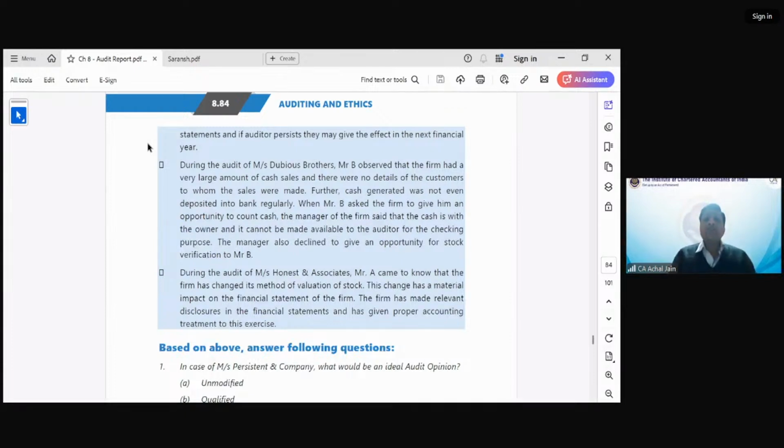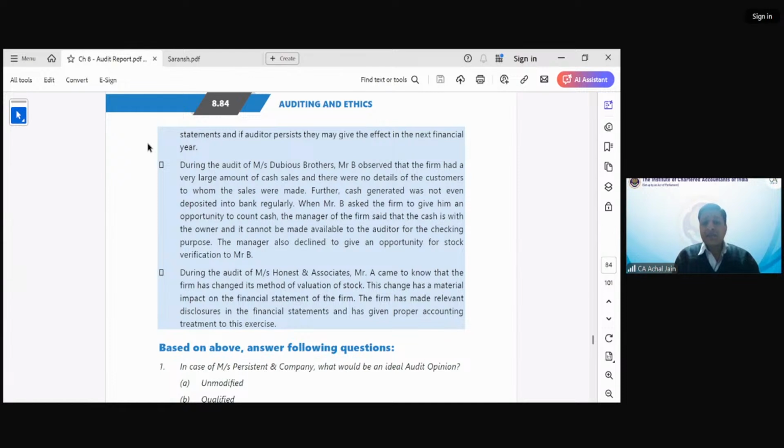Now, in the given situation, you don't know whether it is material or material and pervasive. Correct? So you'll have to make the best assessment. Yes or no? That's the best assessment which is possible. Now, how do we get into that? Let's try to understand that.